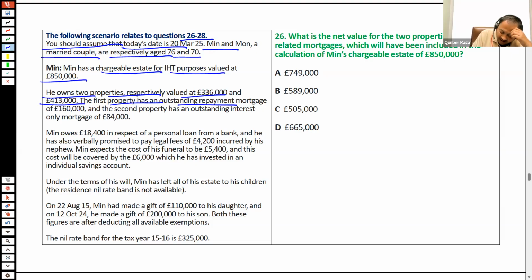The first property has an outstanding repayment mortgage of 160, and the second property has an outstanding interest only mortgage of 84. Min owes 18,400 in respect of a personal loan from a bank, and he also verbally promised to pay legal fees of 4,200 incurred by his nephew.